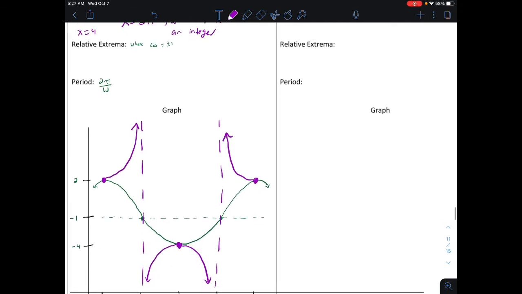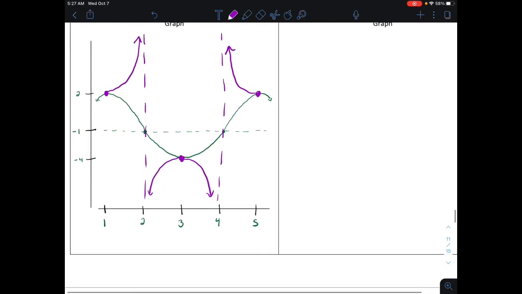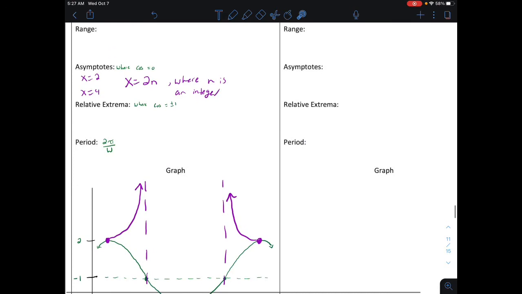Now let's look at our relative extrema. Where do I have relative maxes and mins? I have a relative max at 1, a relative min at 3, a relative max at 5, and I look at those numbers 1, 3, 5. That's a set of odd numbers. So we have the max at x equals 1 and 5, and we have the min at x equal to 3.